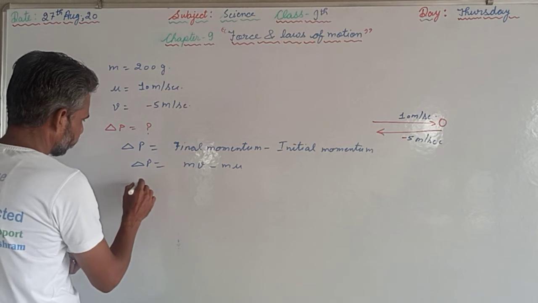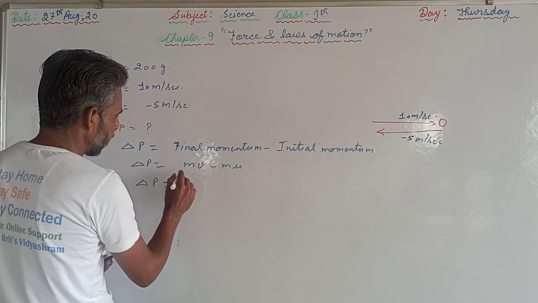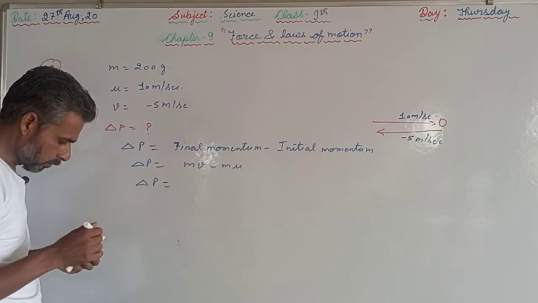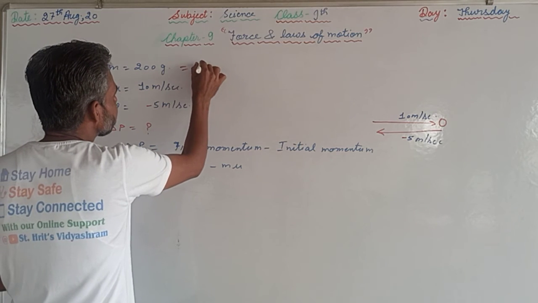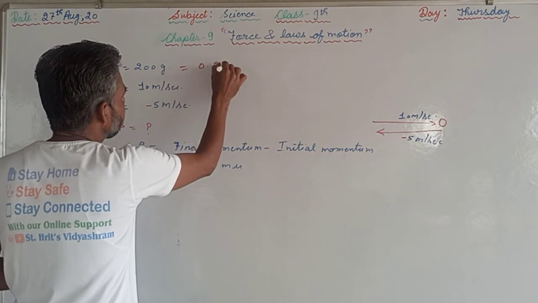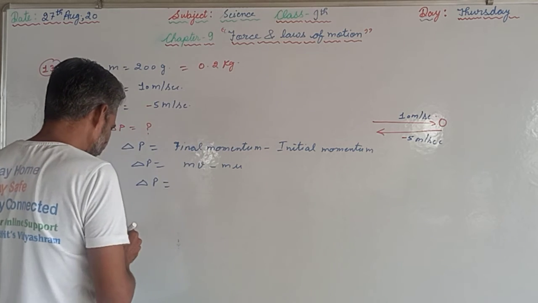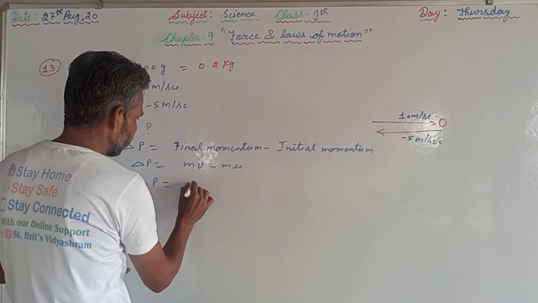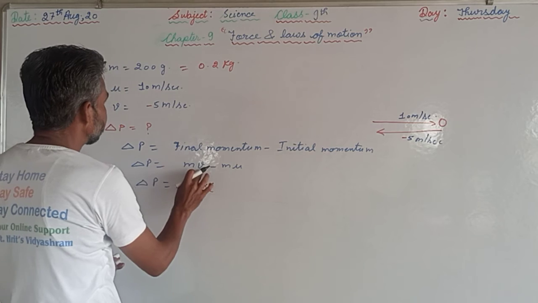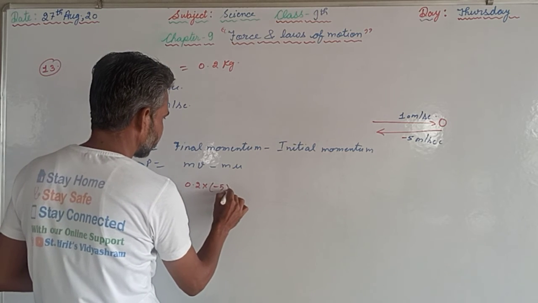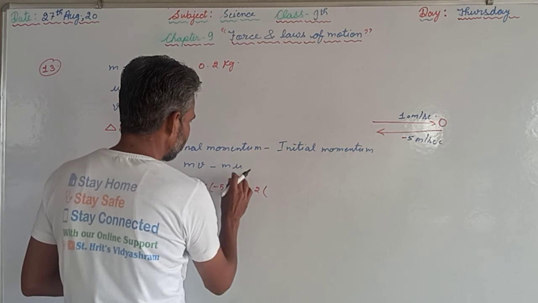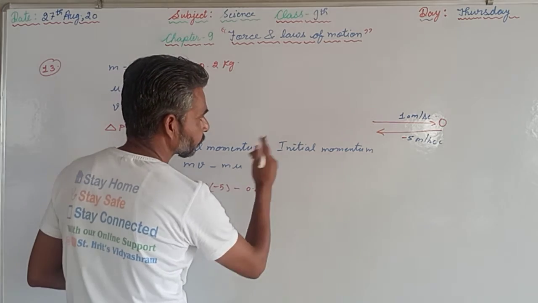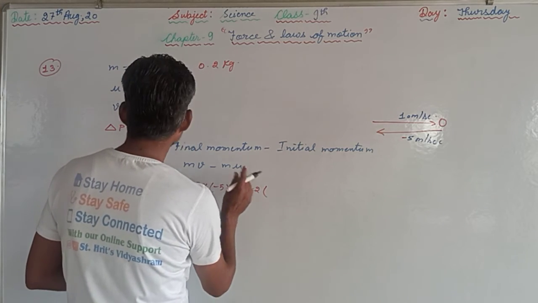So delta P will be, m is 200 grams, and we are going to convert into kilograms, that means 0.2 kilograms. So here we will write 0.2 into v, which is minus 5, minus 0.2 into u, which is 10.